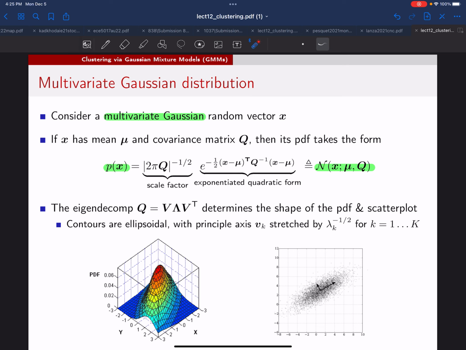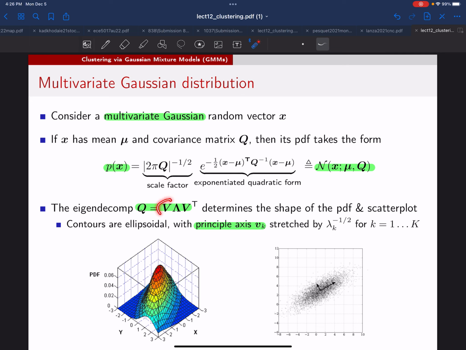Now, if you want to know how to parameterize those ellipses, well, for the ellipse, we have principal axes. We have 2 principal axes, and it turns out that those principal axes are determined by the eigenvectors of the covariance matrix Q. So here we've done an eigenvalue decomposition of Q: orthogonal matrix V, diagonal matrix lambda, V transpose.